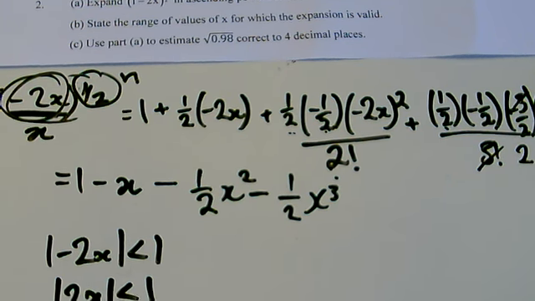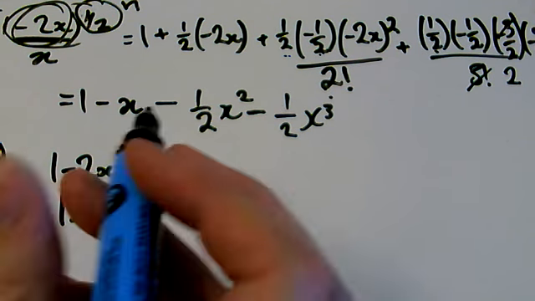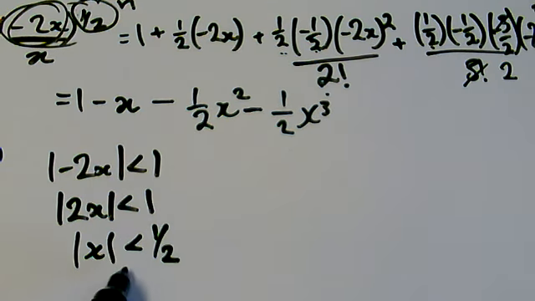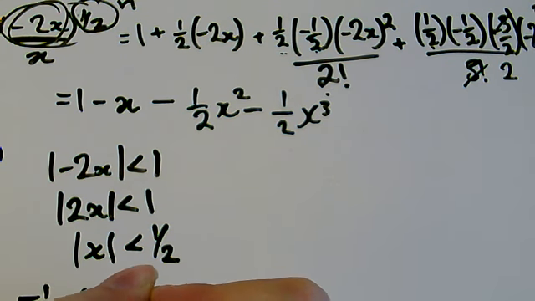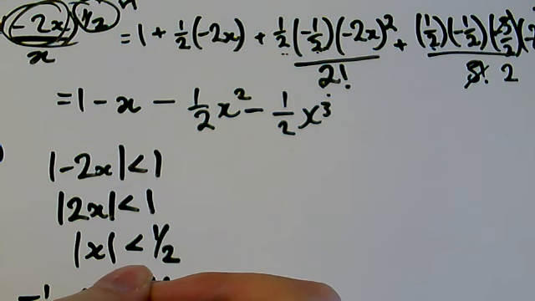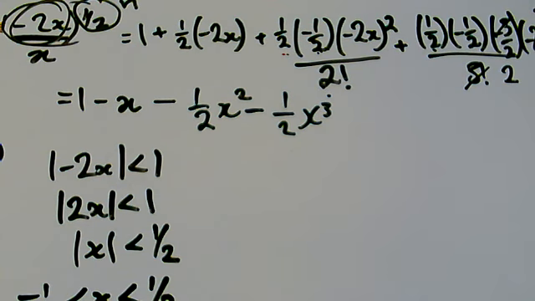And just so I can find out what x is, I'm just going to divide both sides by 2. So the modulus of x has got to be less than a half, or if you like, that means x has got to be between minus a half and a half. So that when I make it positive, it's still less than a half.